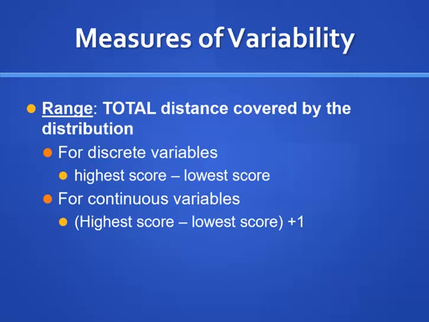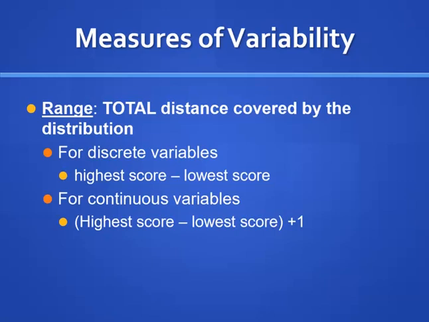But anyway, if you're computing the range for a continuous variable, in parentheses, it's the highest score minus the lowest score, and then whatever that is, add 1 to it. So as you can see, the formulas here are quite easy. It's simple, right? It's easy to calculate.